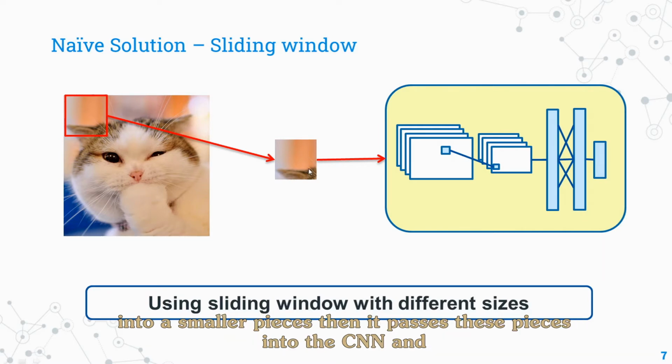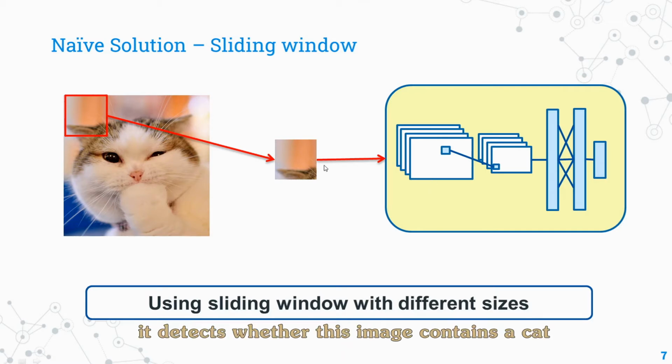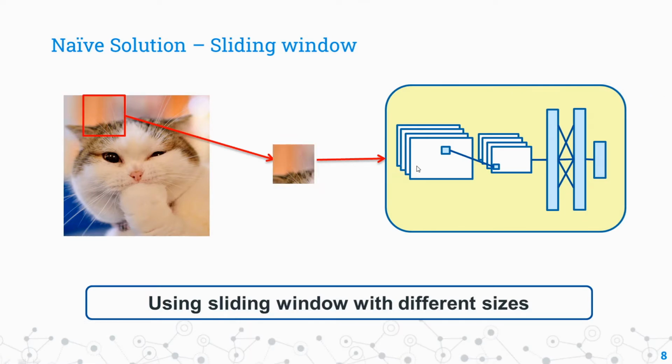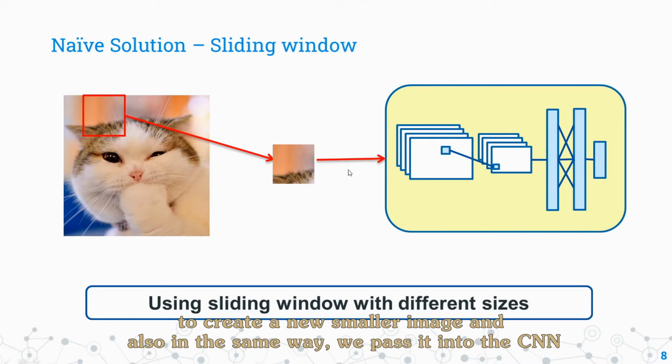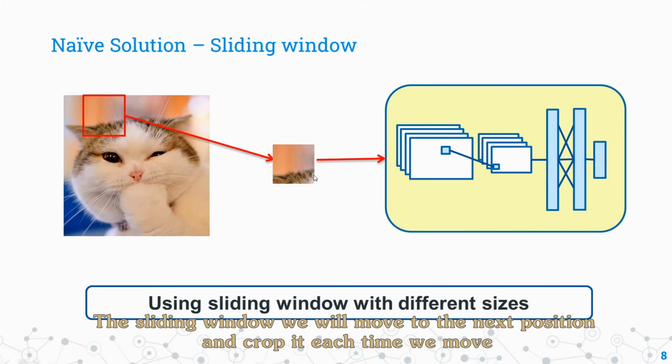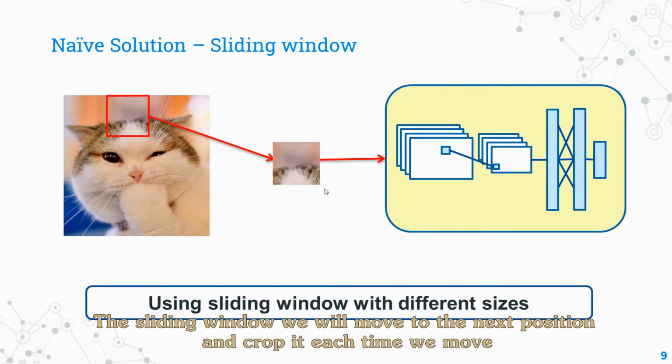Then it passes this piece into the CNN and detects whether this image contains a cat. Next, it moves the window to the right and crops the image at that position to create a new smaller image, and in the same way we pass it into the CNN. The sliding window will move to the next position and crop each time we move.